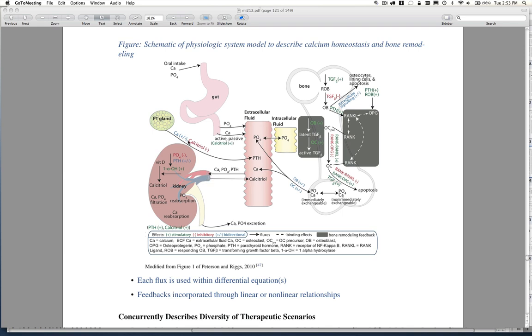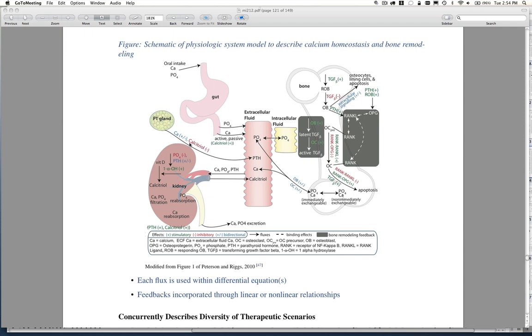So again, that's the immediate way that the body affects these calcium changes. Secondary to that, within a matter of hours to days, it can upregulate or downregulate the amount coming in from the diet, and then more long term it tends to affect the amount coming into and leaving the bone.